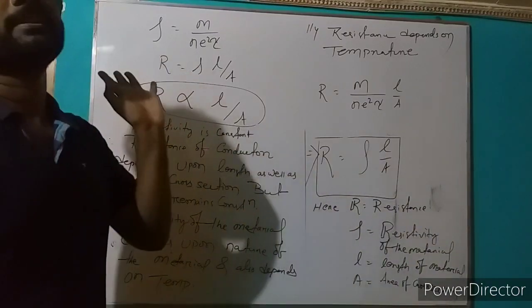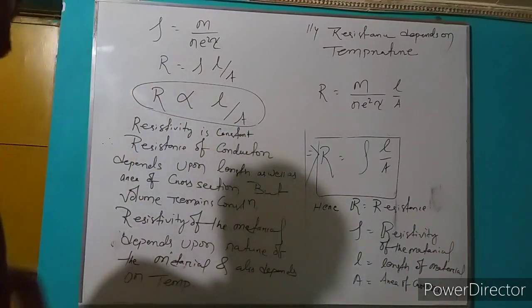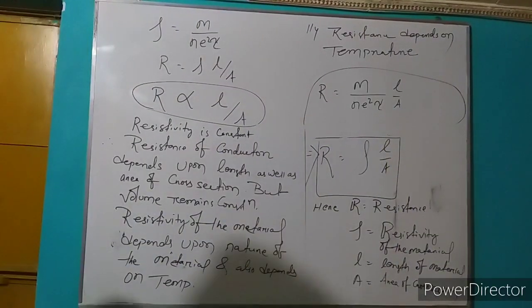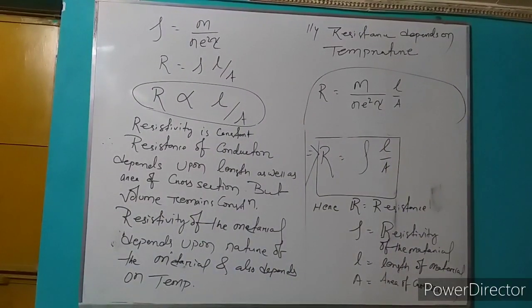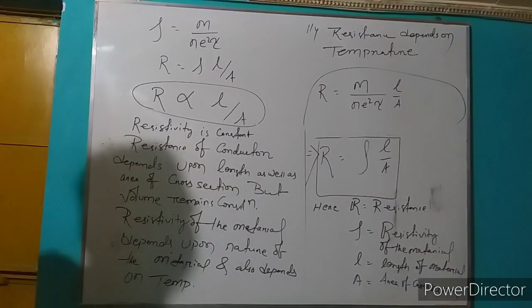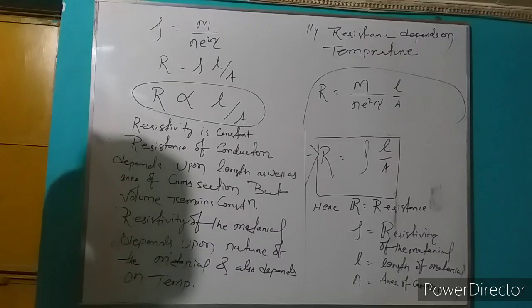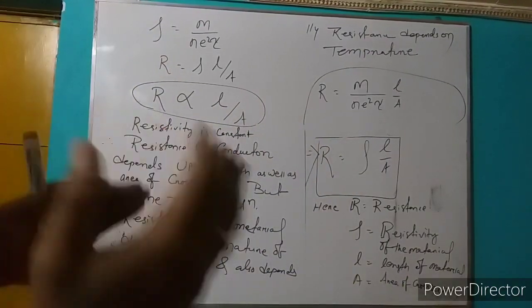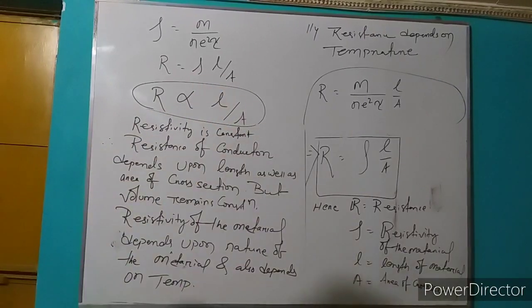But volume remains constant. This is the notation. Please note it. After that I will erase that. Then I will discuss the effect of temperature on resistivity as well as resistance.